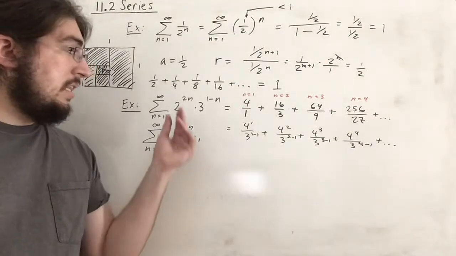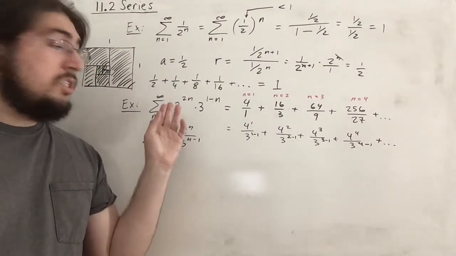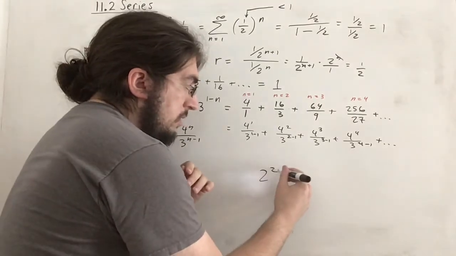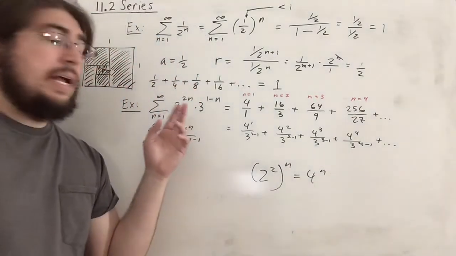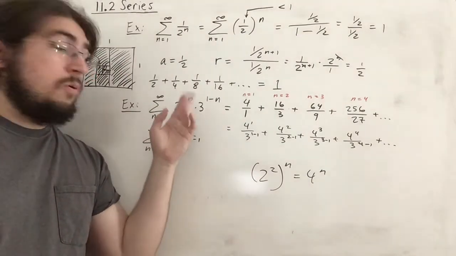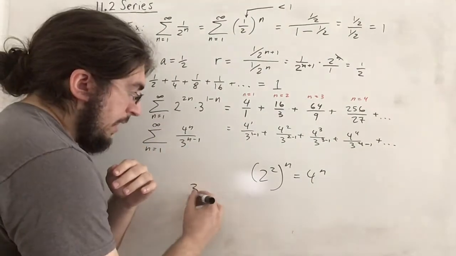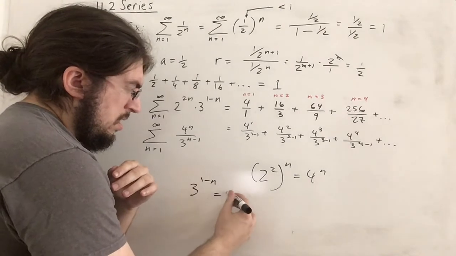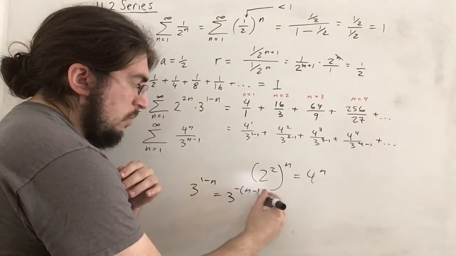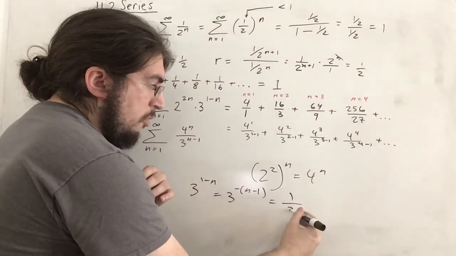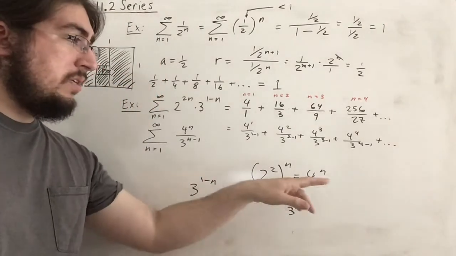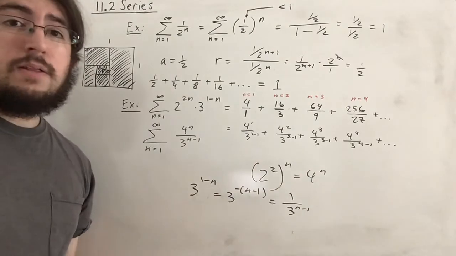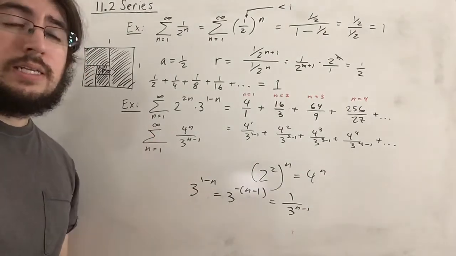And this is legitimately the same thing, because 2 to the 2n is the same as 2 squared to the n, which is 4 to the n, and 3 to the 1 minus n is the same as 3 to the negative n minus 1, meaning it's 1 over 3 to the n minus 1. So if you're multiplying these two, it's really just dividing 4 to the n by 3 to the n minus 1.